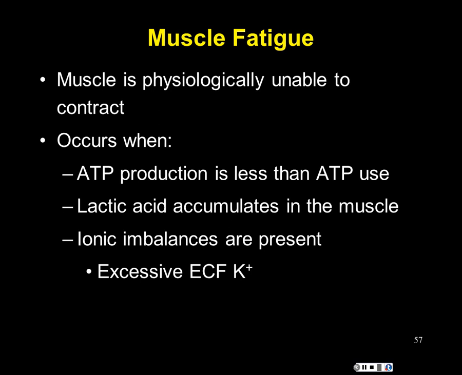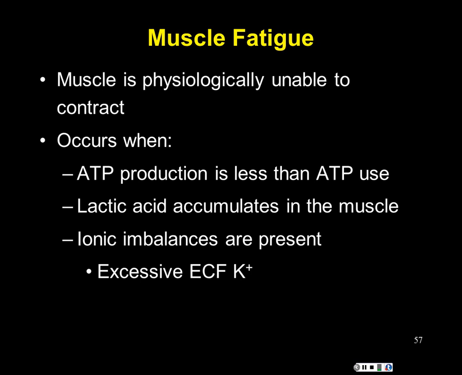The reason a skeletal muscle will fatigue is that it's just not able to produce the ATP as quickly as it's being used, so you become basically in an ATP deficit. As well, the lactic acid production drops the pH, which causes inadequate conditions inside of the cell. So that causes the cell to try to stop contracting and try to restore homeostasis.